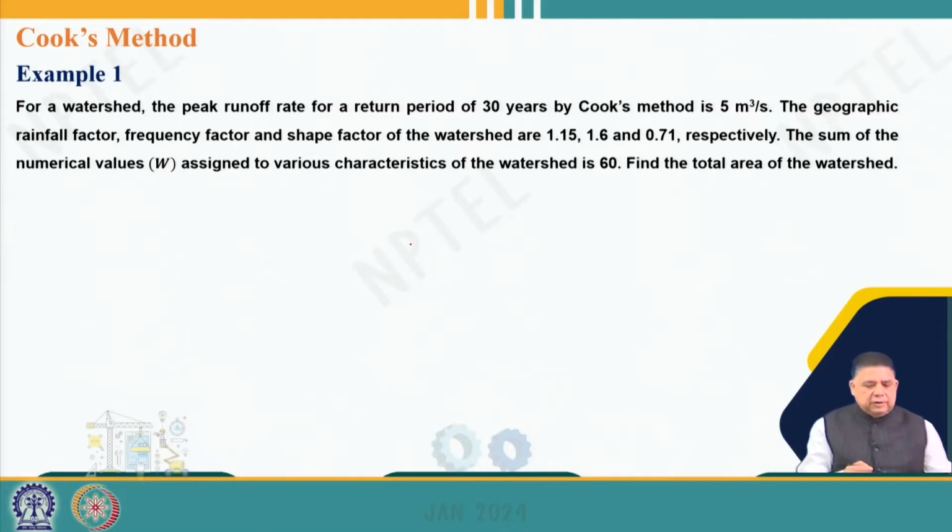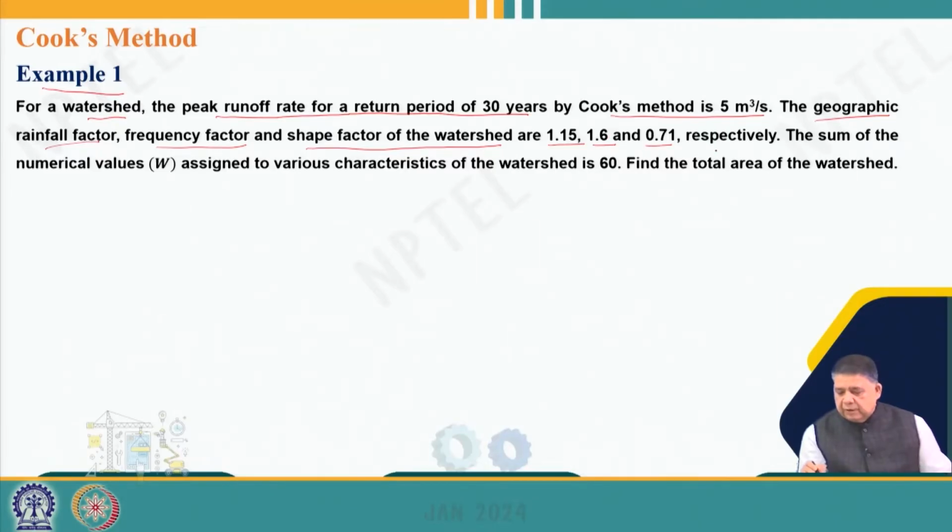So, we will start with Cook's method, example 1. For a watershed, the peak runoff rate of a return period of 30 years by Cook's method is 5 cubic meter per second. The geographic rainfall factor, frequency factor and shape factor of the watershed are 1.15, 1.6 and 0.71 respectively.